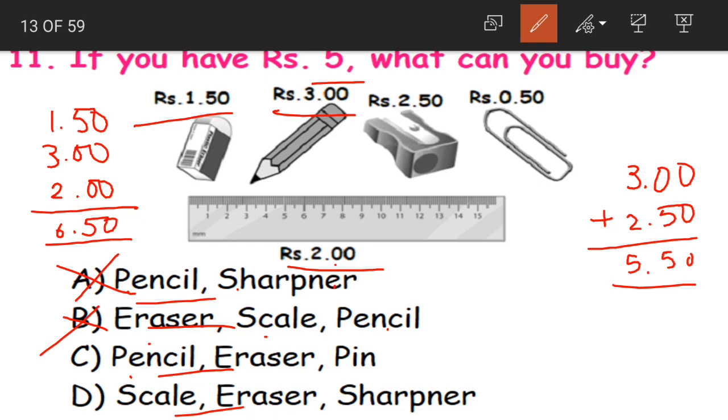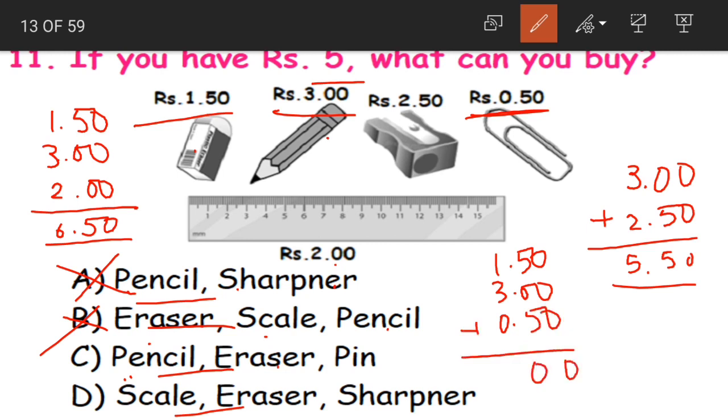Coming to option C, pencil, eraser, pin. Now what will be the total cost here? 1 rupee 50 paise plus 3 rupees plus 50 paise. Now when we add all these together, 0, 10, 1 carried, 1 plus 3, 4, 4 plus 0, 4, 4 plus 1, 5.